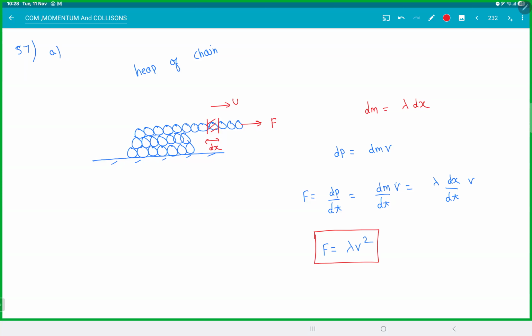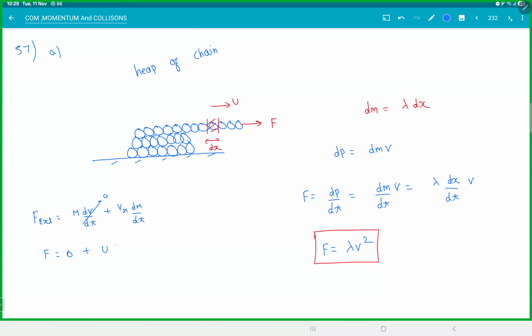So if you see here, the speed is not increasing, but because the mass is continuously increasing, you could have done it with the equation also. F external is m dv by dt plus v relative dm by dt. So this is f, this is 0 because speed is constant.